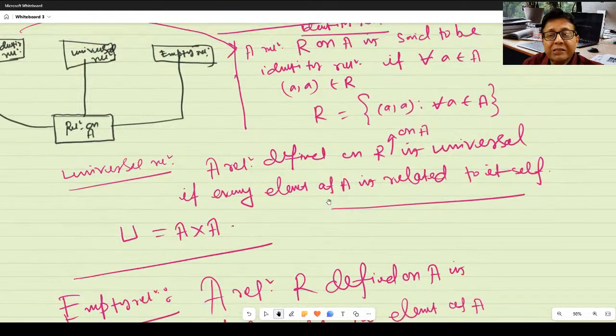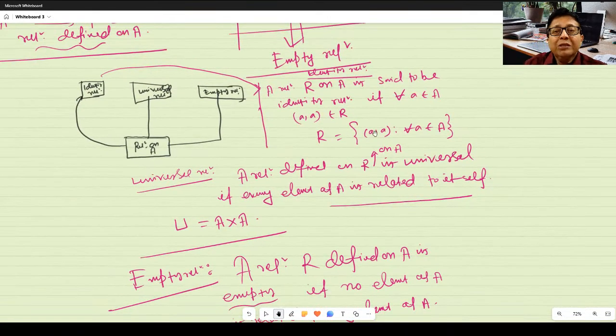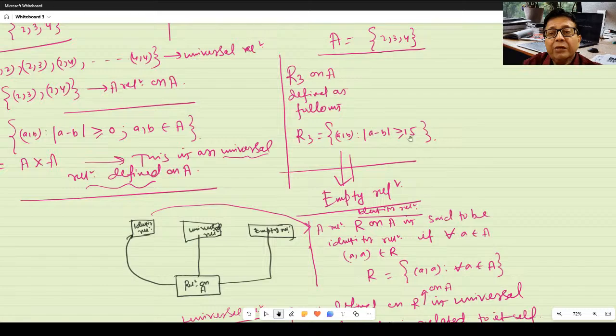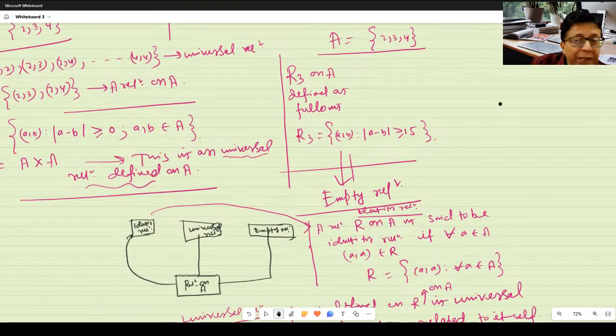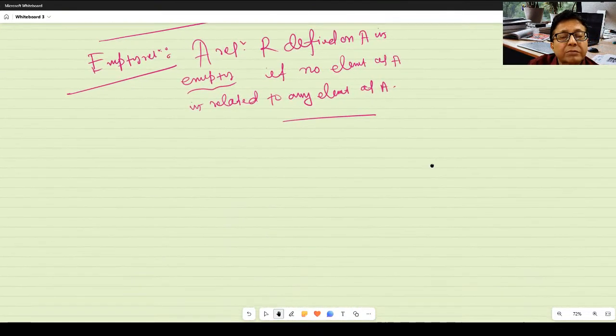Go through this example. That is why I have defined mod A minus B greater than or equal to 15. That is not possible. Then this is empty relation. Alright, you have understood?